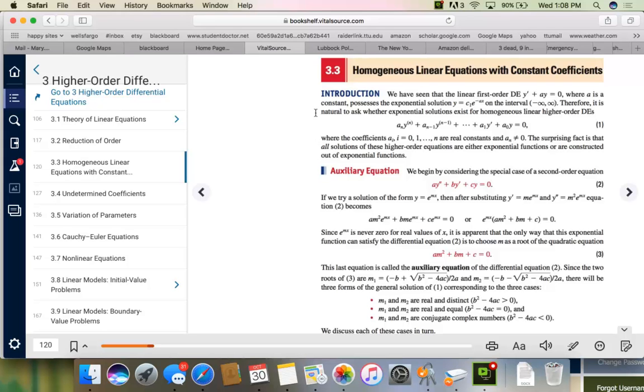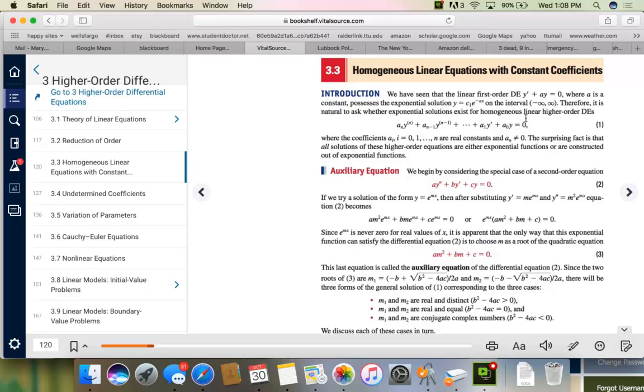So the first thing I want to look at is what we're going to focus on here: homogeneous linear equations with constant coefficients, and those are the equations of the form shown here in equation 1. Your a's are your coefficients, and they are, in this case, real constants, and a sub n is not equal to 0.